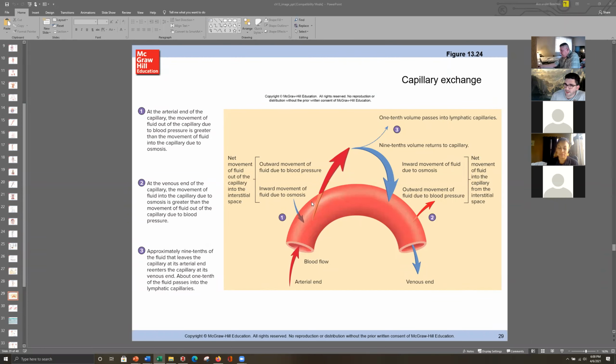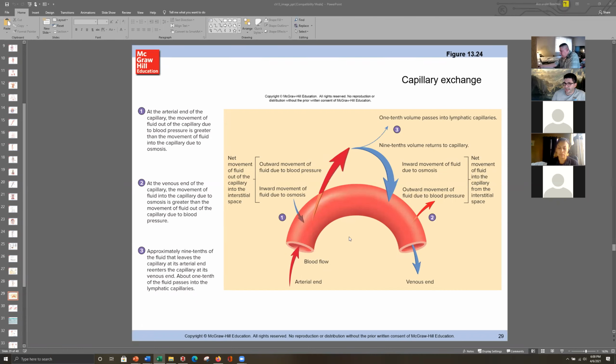So a lot of the net fluid movement out of the capillary here is due to that pressure, right? Roughly 9/10 of the volume that we put out is due strictly to that arterial pressure. But as we're pushing blood through our capillaries, and as we're exchanging all of those nutrients, again, we're also pushing fluid out of our capillary beds because it's just made of a single layer of endothelial cells.